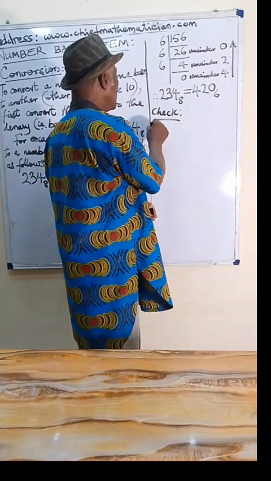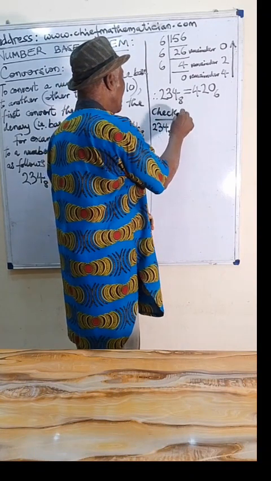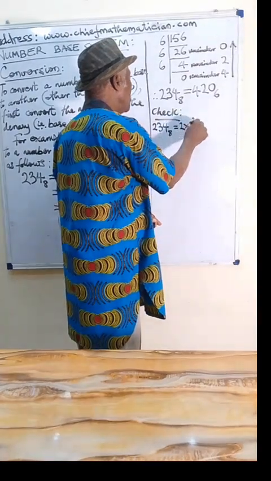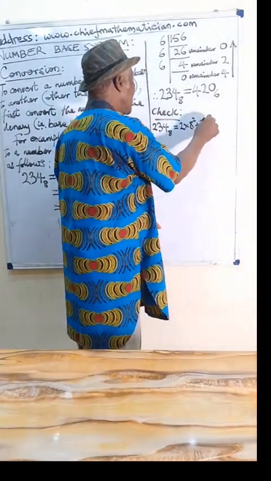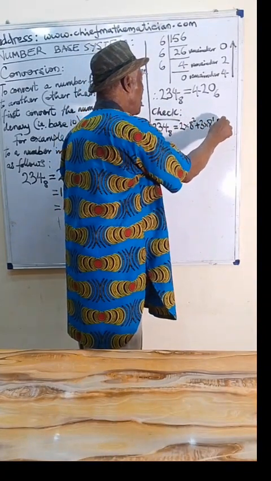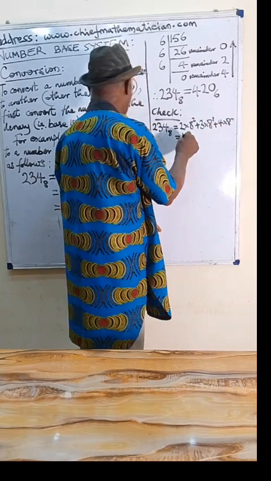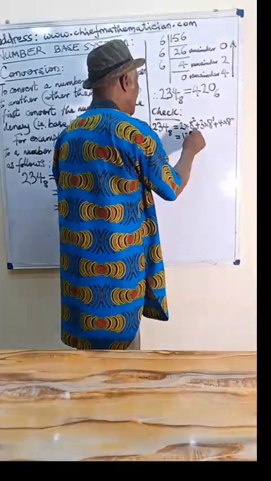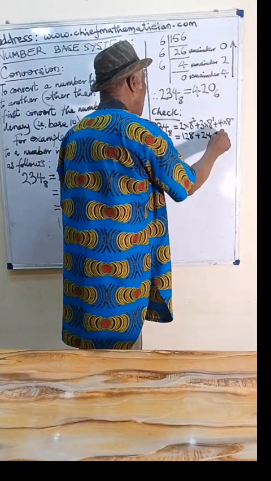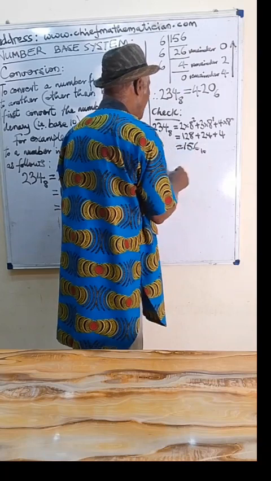2, 3, 4 in base 8 is equal to 2 times 8 to the power 2 plus 3 times 8 to the power 1 plus 4 times 8 to the power 0, which will go up to be 128 plus 24 plus 4, which gives us 156 in base 10.